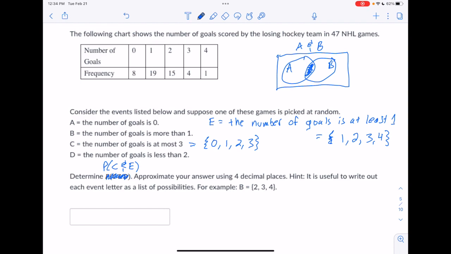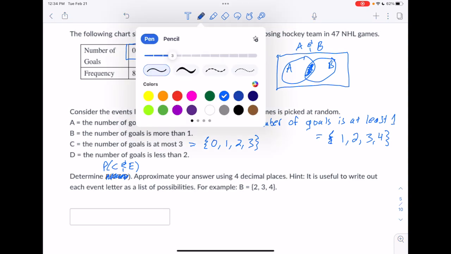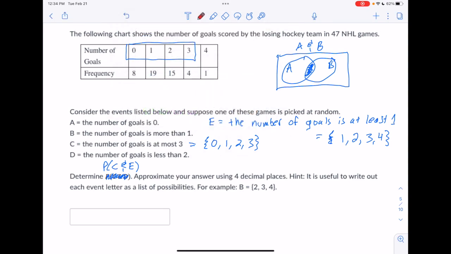We can start with blue for event C, that is 0, 1, 2, 3. And then our other event E is 1, 2, 3, 4. So where's the overlap? The overlap would be stuff that's both in the blue box and the red box. So that would be these guys right here.